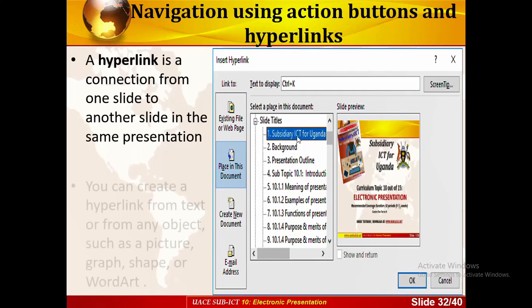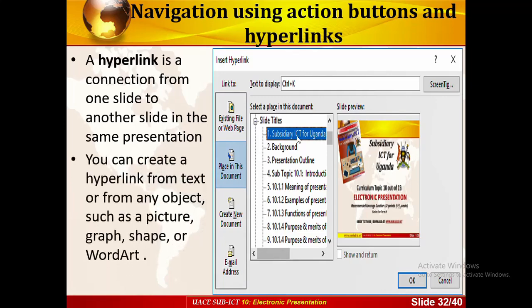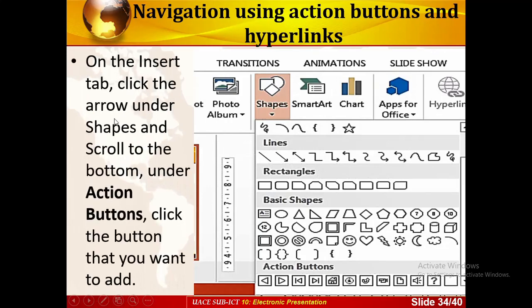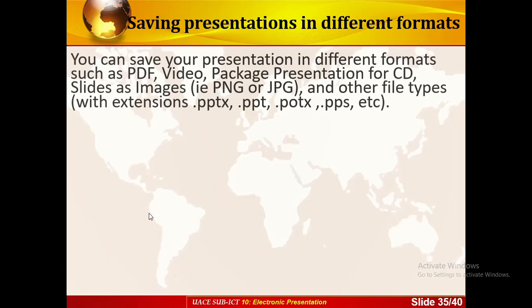After you know how to link the slides, if it is slide 1, you can link it to slide 2. You get it? That's how it is. You also have action buttons, which we can use to go forward or backward while playing any movie or anything.